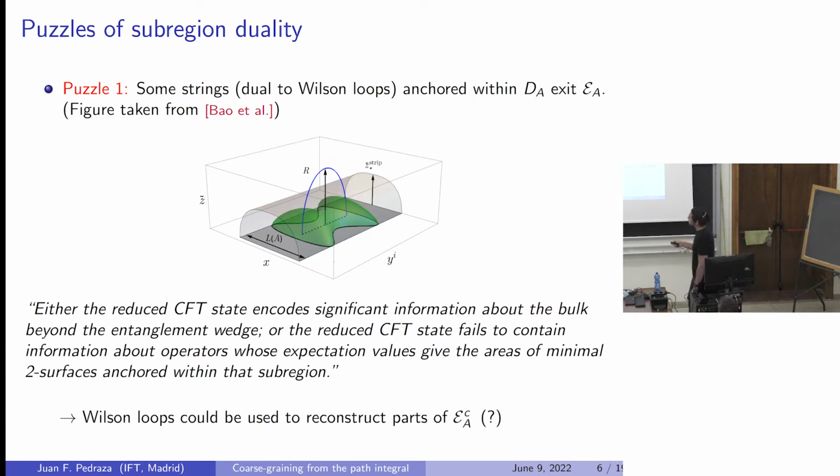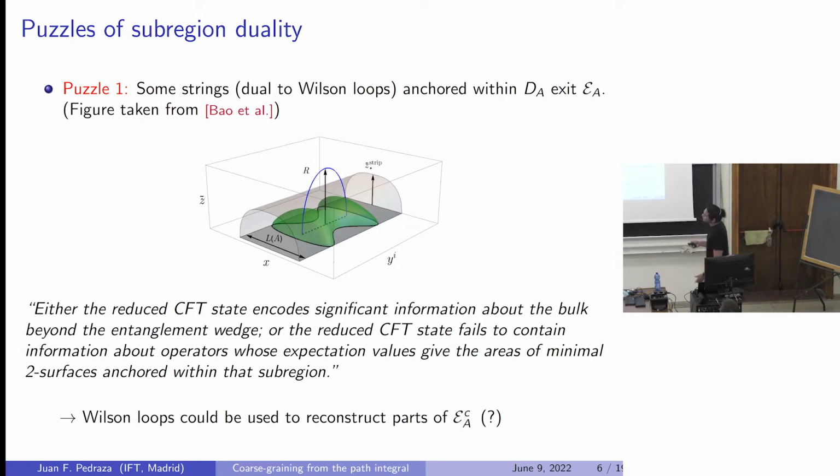So they reached this conclusion that I'm writing down here. They concluded that either the reduced CFT state encodes information about the bulk beyond the entanglement wedge, or the other possibility was that the reduced state actually fails to contain information about this two-dimensional surface anchored in that region.